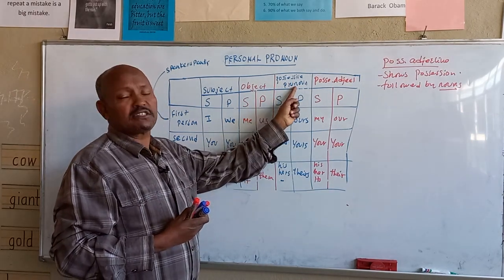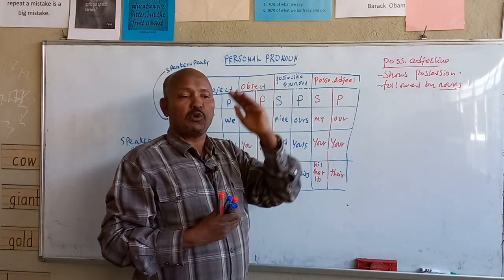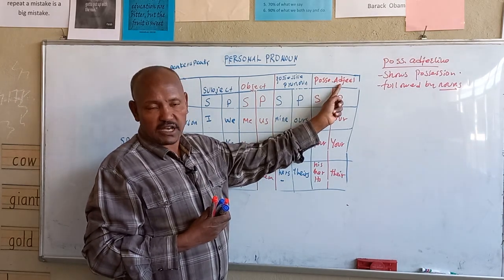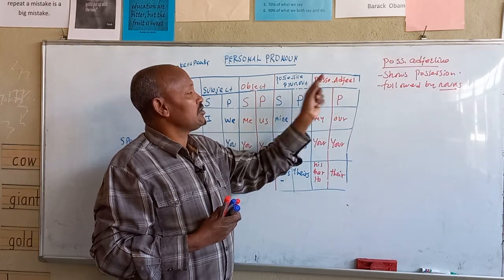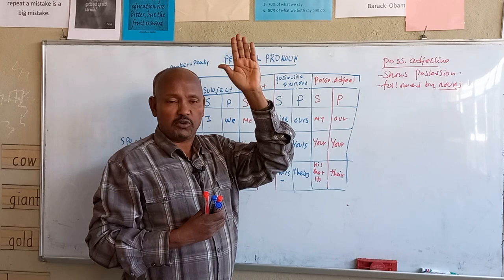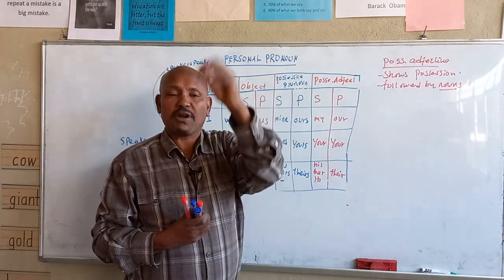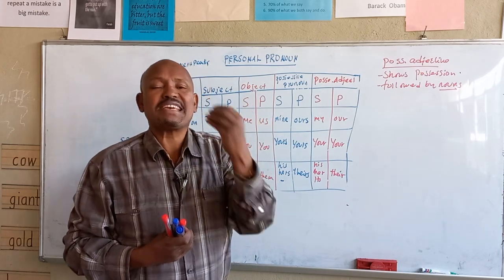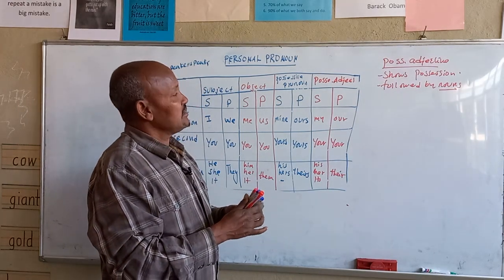A possessive pronoun doesn't follow with a noun, but a possessive adjective is followed by a noun, because it's a kind of adjective, and adjectives are words which modify nouns. That's why this is always followed by nouns. But the pronoun isn't followed by nouns, but it signifies possession, proprietorship, ownership, and belongingness.